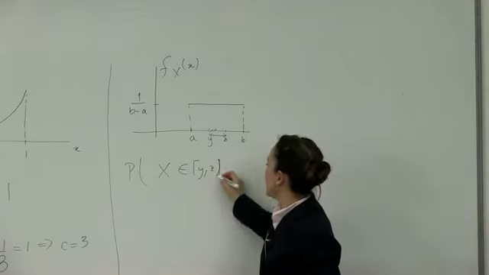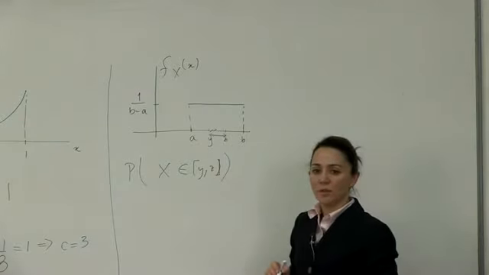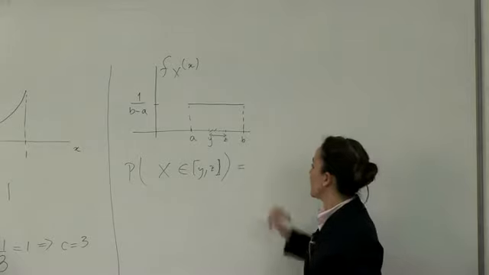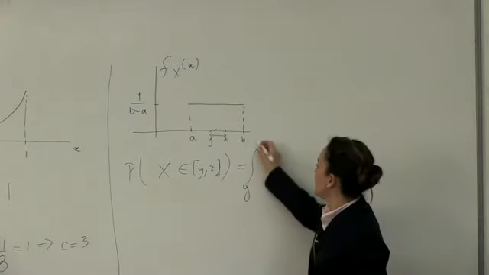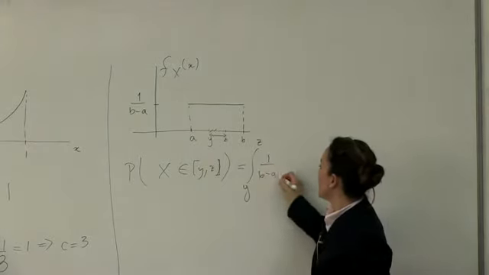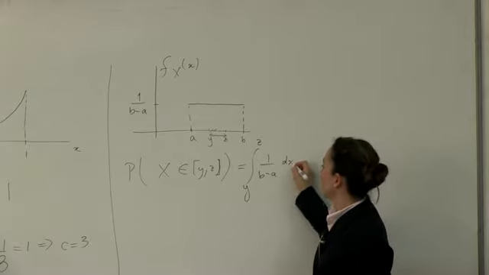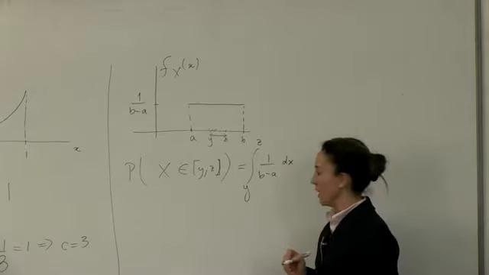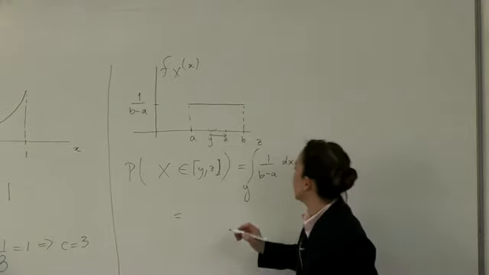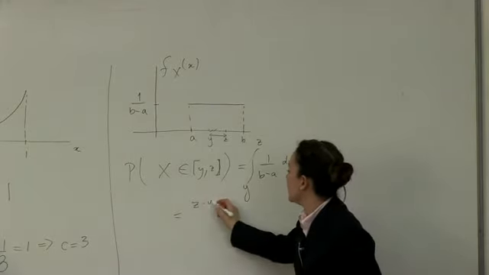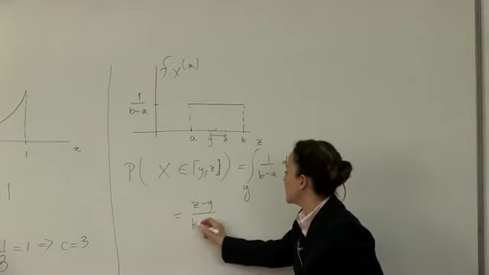It's the integral from y to z of 1 over b minus a, dx, which is simply what? z minus y divided by b minus a.